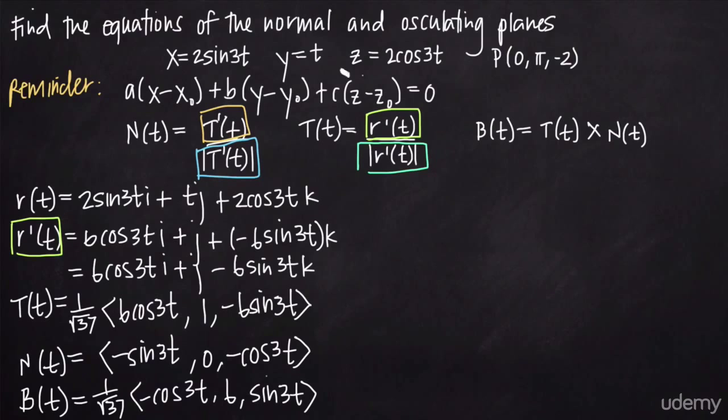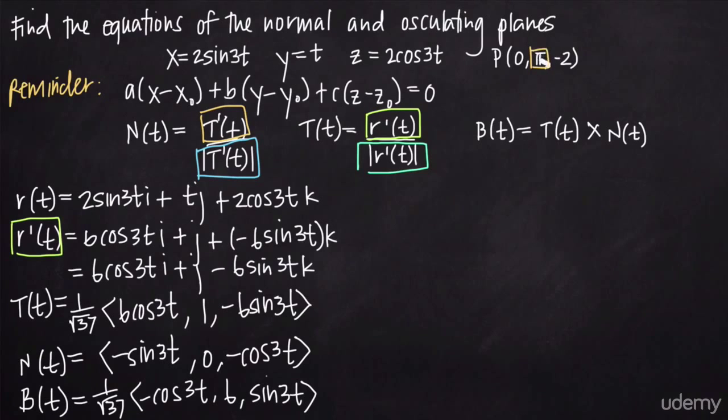Well, what we realize is that we have this parametric equation we were given here, y is equal to t. Well, if y is equal to t, and we know that we're looking at the coordinate point 0, pi, negative 2, then we know that t is equal to pi. So we're going to be evaluating at t equals pi.